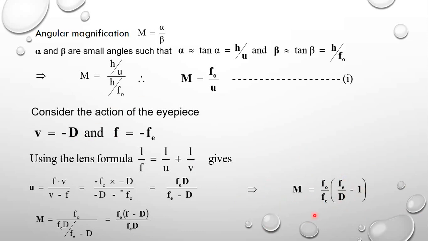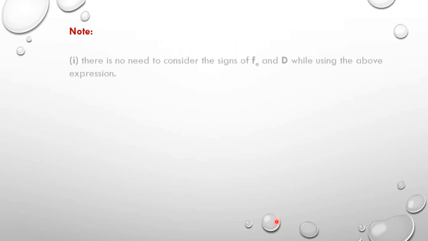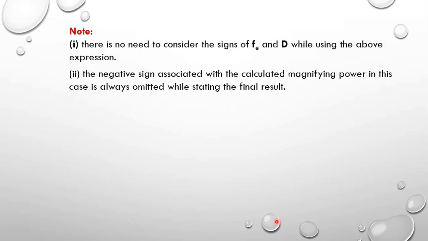Then the other thing we need to note is that when you substitute in this formula and you get a negative magnification, you just neglect the sign and take the positive value. For example, when you get negative 24, you just take the magnification as 24. So that's the note we have there.